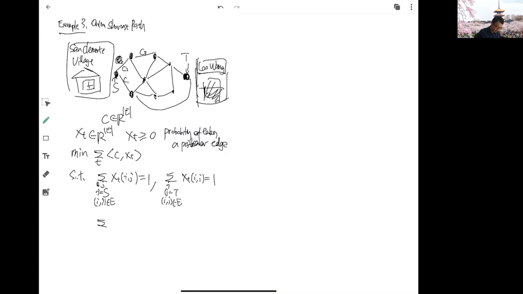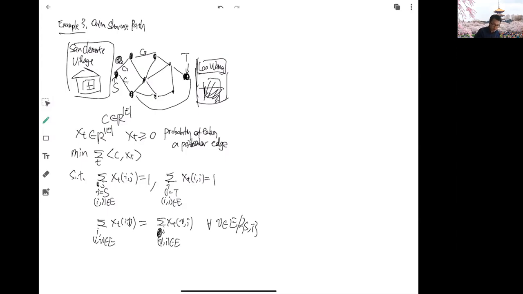So for every intermediate node v, the sum over i of xt of iv, with iv in the set of edges, is equal to the sum over j of xt of vj, with vj in the set of edges E. This needs to hold for all nodes except the source and terminal.